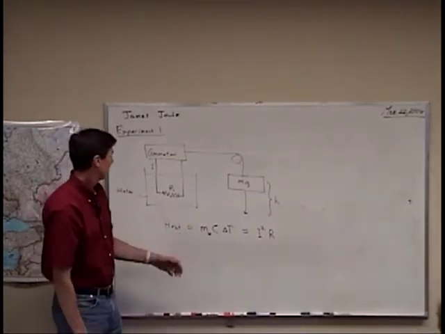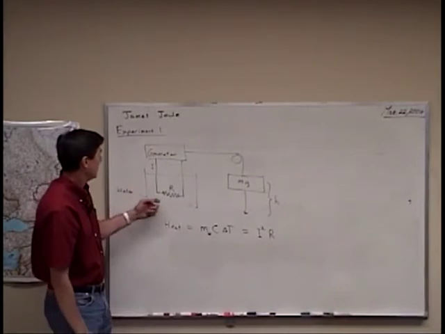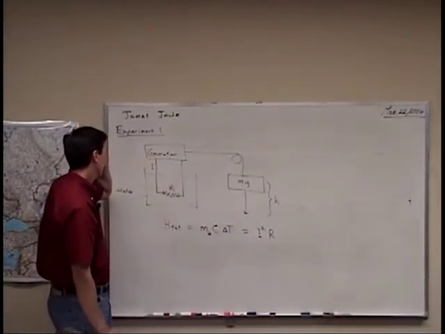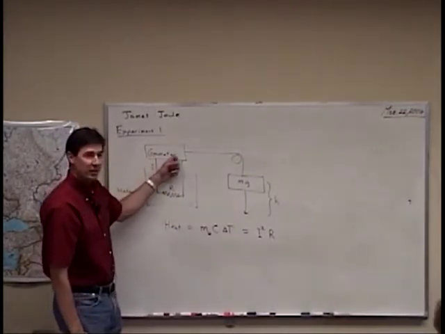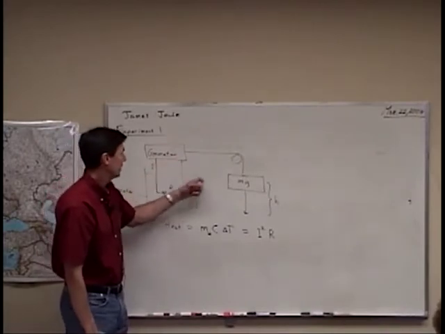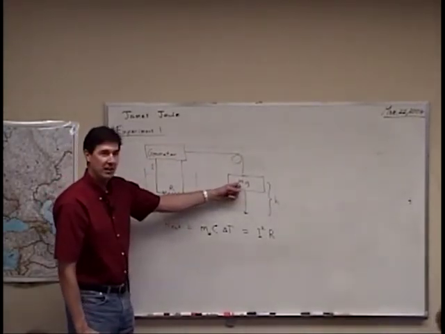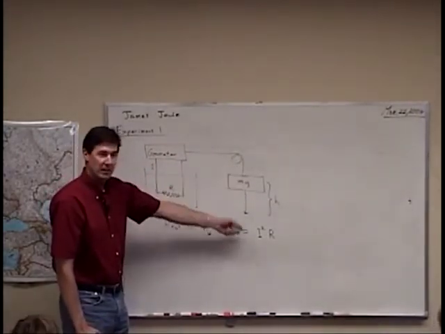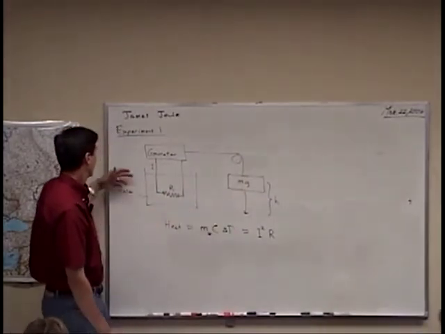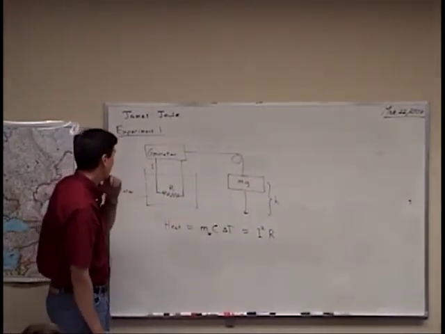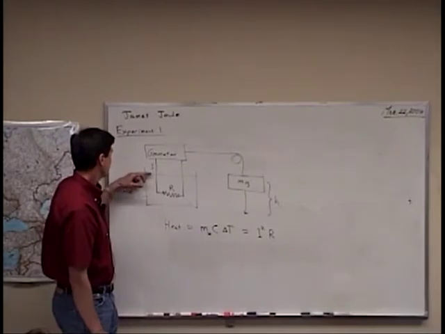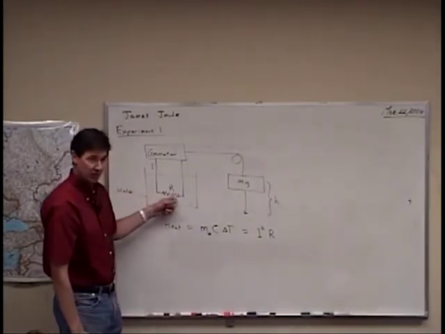So in other words, say he's got a certain generator here and a certain amount of weight that he lets fall here, with a certain resistor in here.